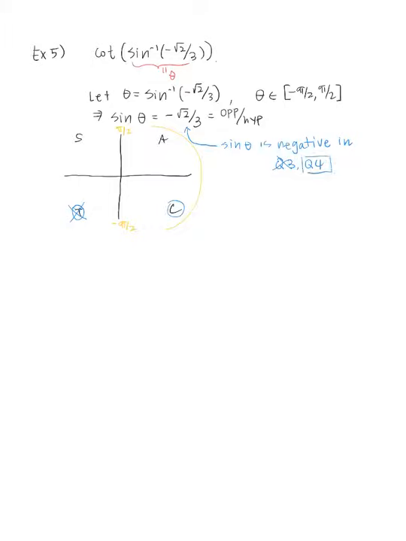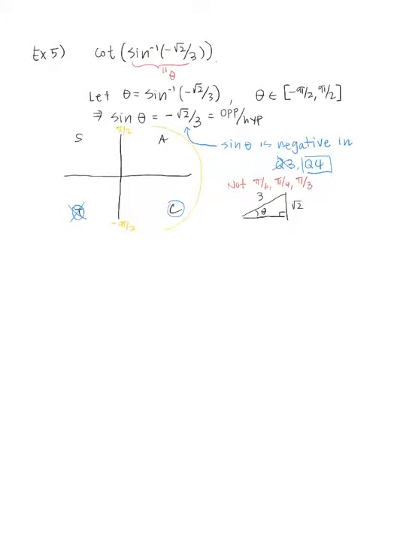Now let's draw the triangle. The opposite side of angle theta has length square root of 2. The hypotenuse has length 3. Now again, this is not a pi over 6, pi over 4, nor pi over 3 triangle.